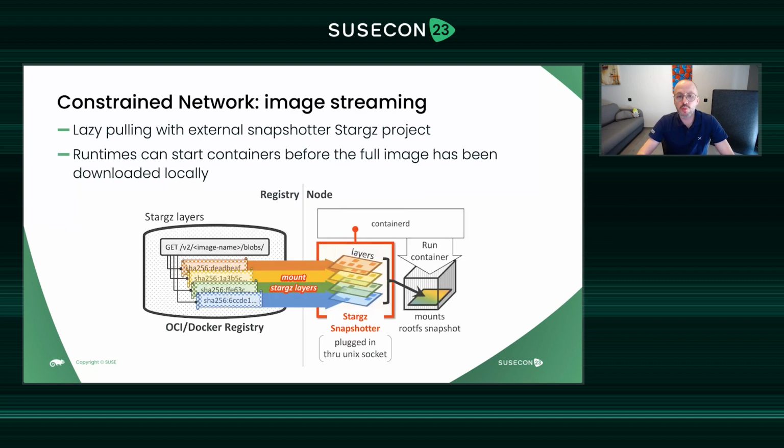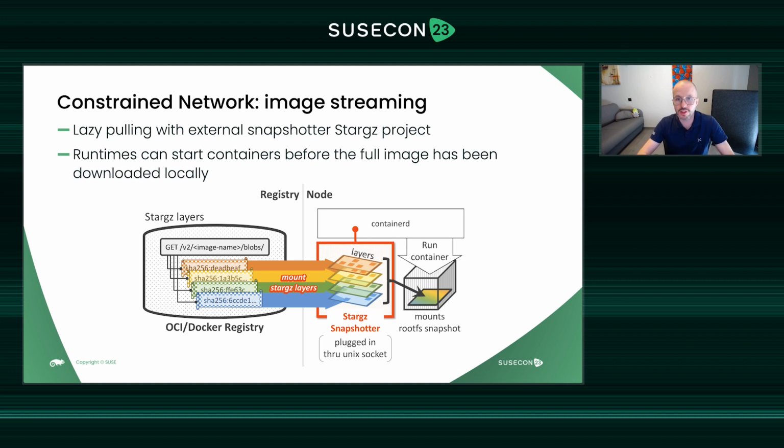You have the ability to put in place, at the runtime level, an image streaming feature. There are some projects, and one of the best known is called the Stargz project, which has created an external snapshotter. So globally, you are replacing a component inside your runtime. The idea of this component is to allow the runtime to start containers before the full image has been downloaded locally.